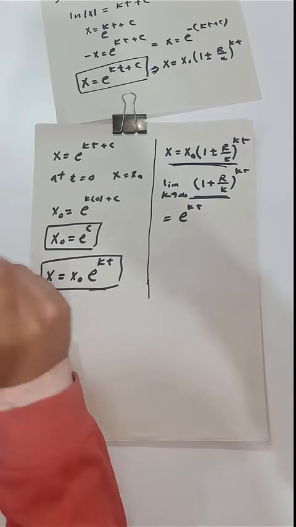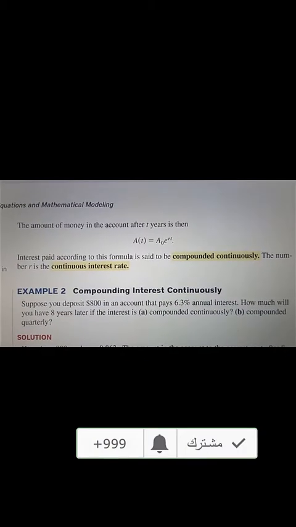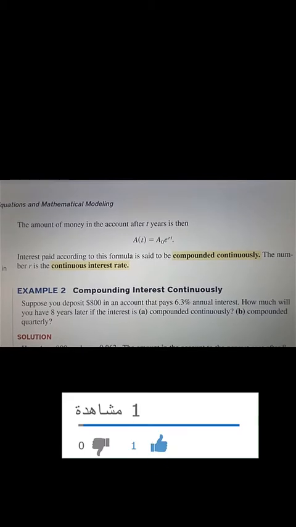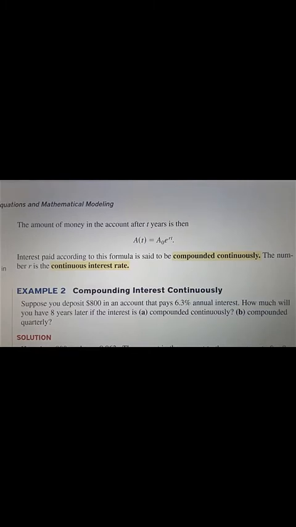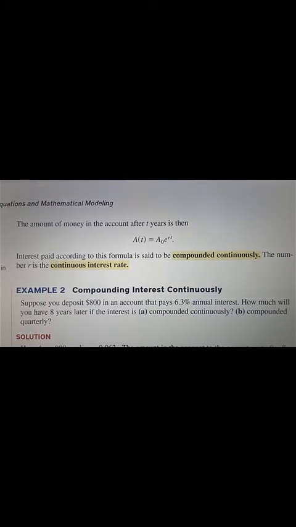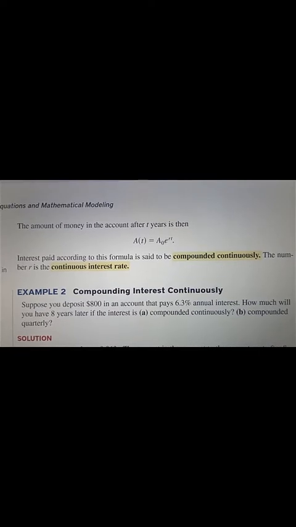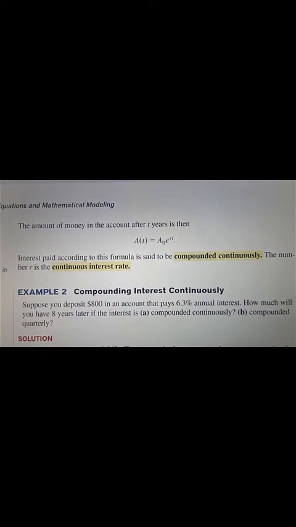Now we take an example about this. Suppose you deposit $800 in an account that pays 6.3% annual interest. How much will you have 8 years later if the interest is A, compounded continuously, B, compounded quarterly.